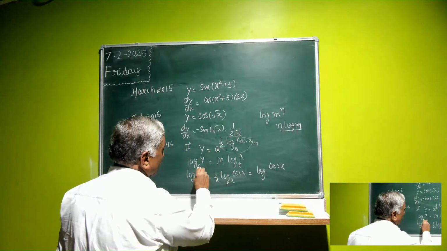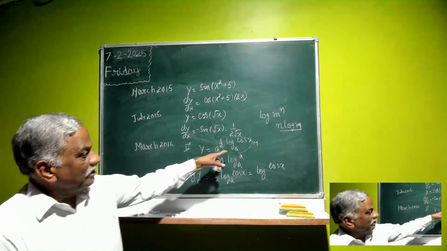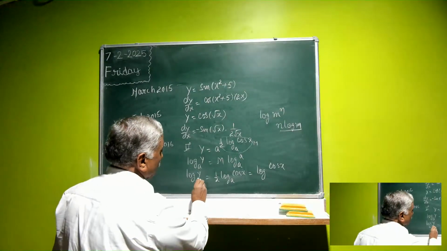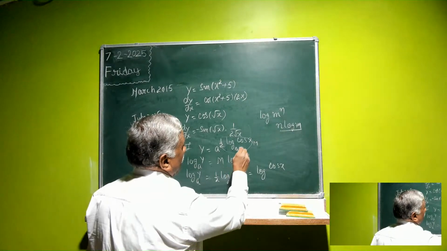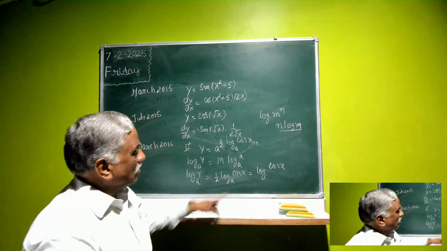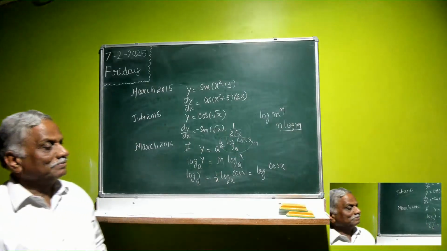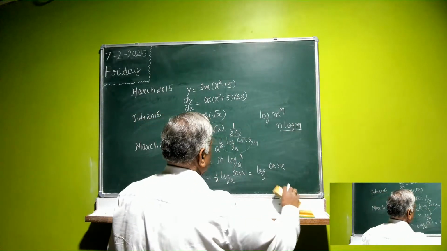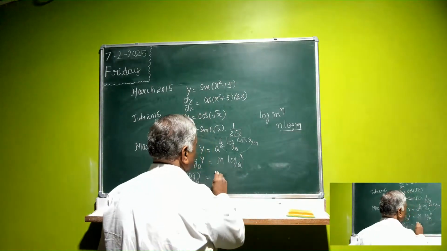We will take the base a only for our understanding, so that it is again base a. It will be easy for us. So keep it as a only. So m log a to base a, and log a to base a is 1. Therefore, you will just get m only.